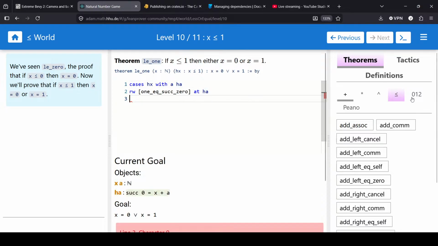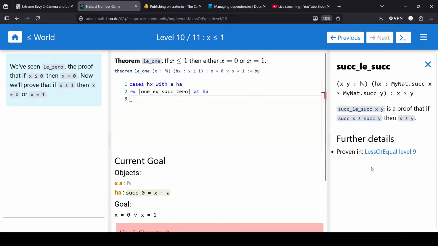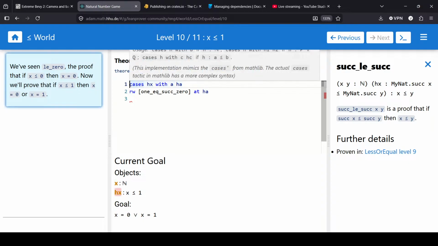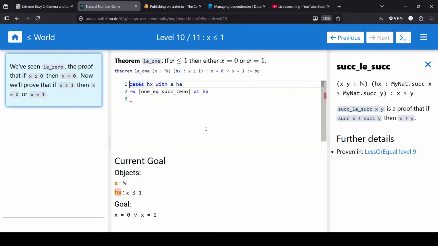I feel, wait, no, but I've lost this at this point. So did I not want to start with cases then? But then, no, how would I use this on this?